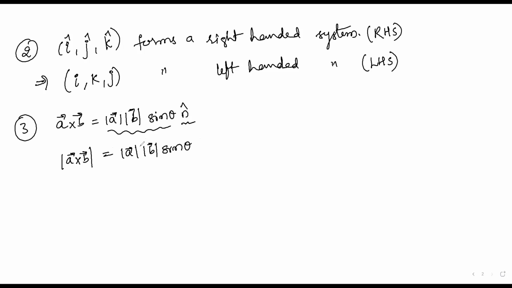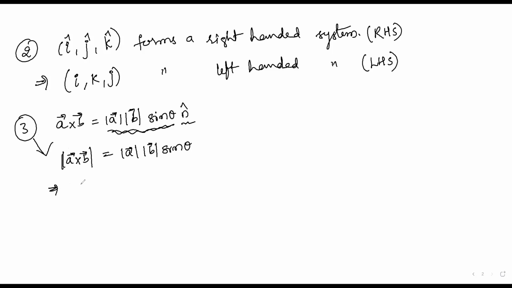Only magnitude. Mod of A cross B is mod A, mod B, sin theta, and mod n cap is anyway 1. This is the third point.